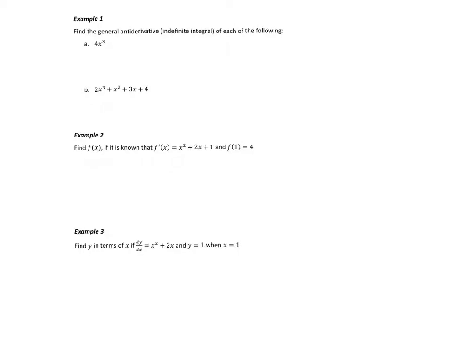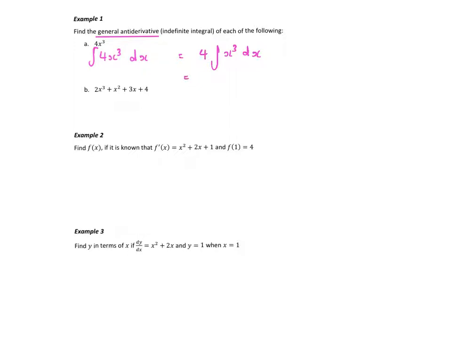So in this example, we're asked to find the general antiderivative, or another word is the indefinite integral for the following. So 4x cubed. So really what we're doing here is integrating 4x cubed with respect to x. So that's the mathematical notation. So straight away we can take the constant out the front there, and we've got x cubed dx.